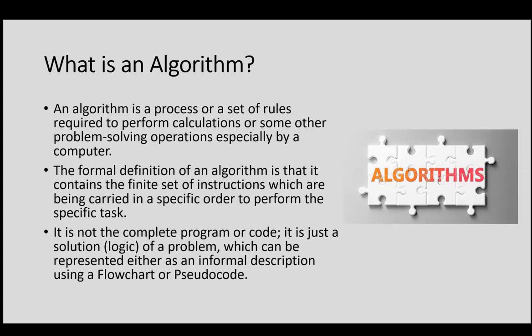This solution of a problem can be represented as an informal description, for example flow charts. A flow chart is the step-by-step rules drawn in a visual manner. The flow of a particular algorithm we put in a flow chart, or else we can also put it as pseudocode.